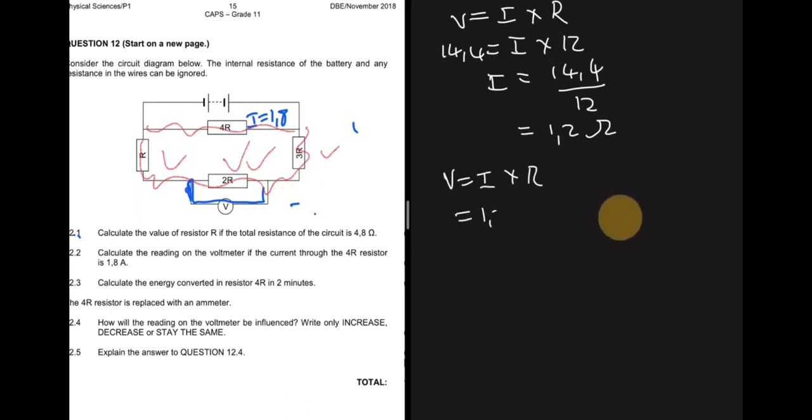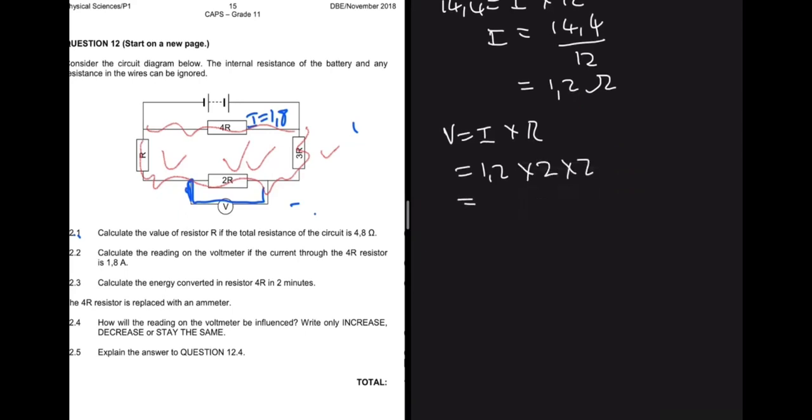I is 1.2, and what is R? It is 2 multiplied by 2. So 1.2 multiplied by 2 multiplied by another 2, that is 4.8 volts. So the reading on the voltmeter will be 4.8 volts.